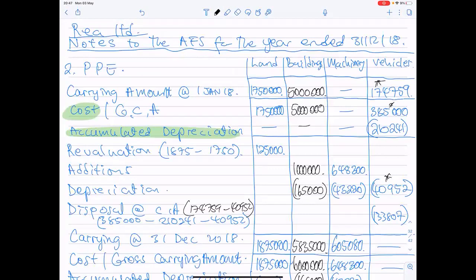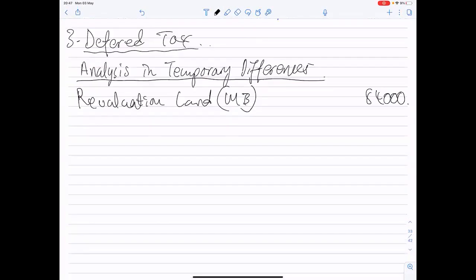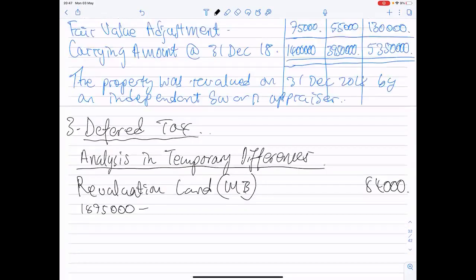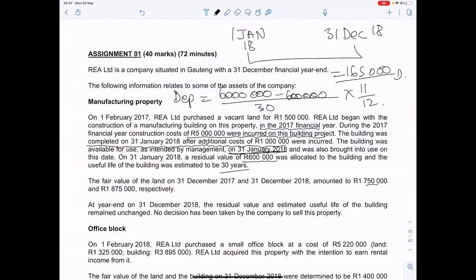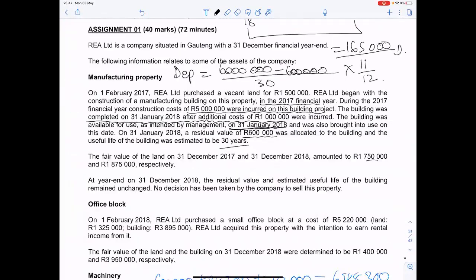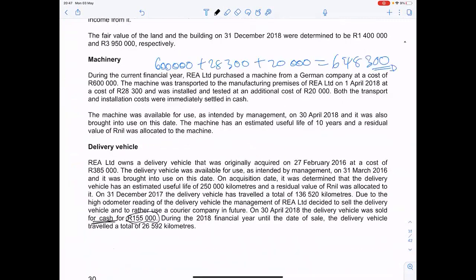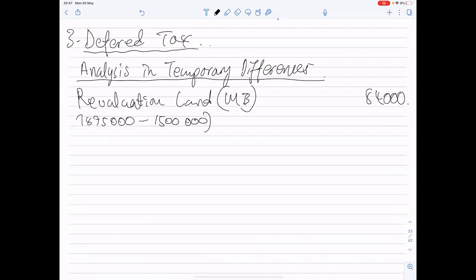Now, you can actually do it easier without the table, because we know that the cost of the asset and the carrying amount are now different, and the revaluation was based on the carrying amount at the end of the year. It is 1,875,000. The asset was originally acquired for 1.5 million. So you put your 1.5 million, and we know that the difference between these two is the revaluation.